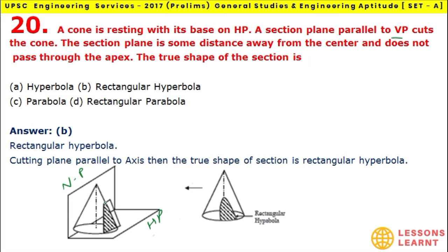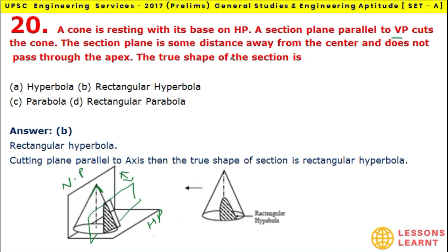So an imaginary plane is there, like this. It is parallel to this and it is cutting this cone. A section plane is at some distance away from the center and does not pass through the apex. Apex is this cone's apex. So it is not passing, it is a little bit away.